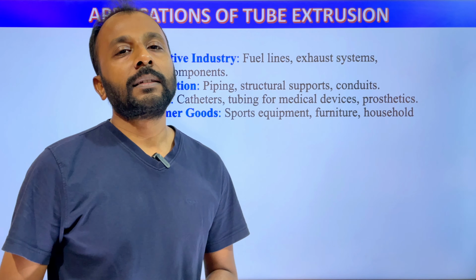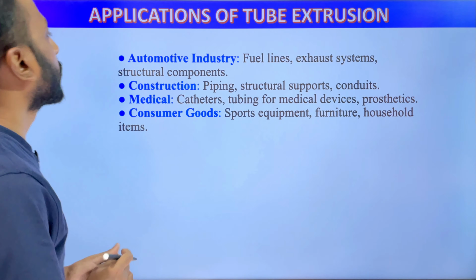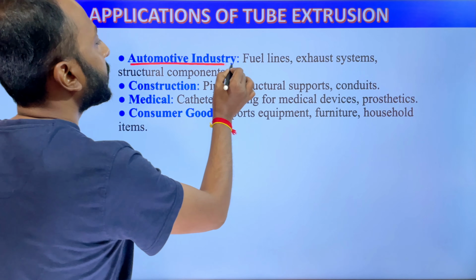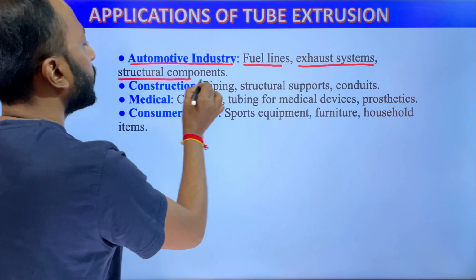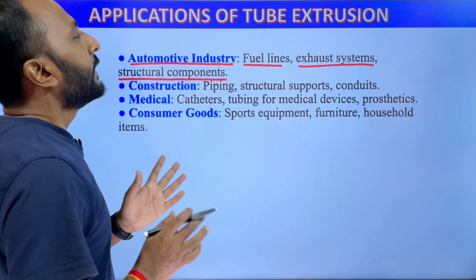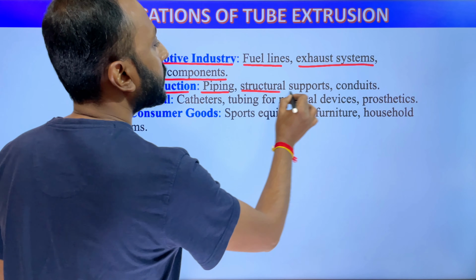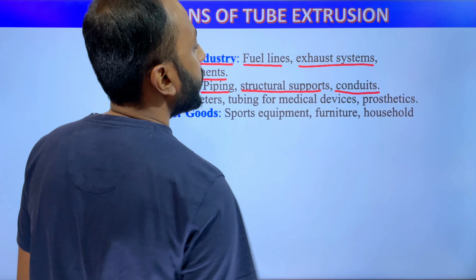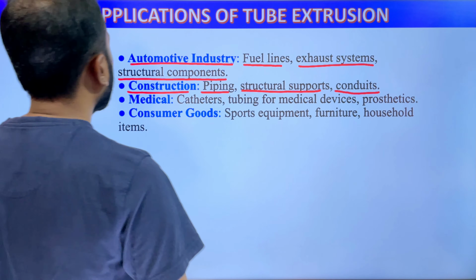Multiple applications can be seen in manufacturing process of tube extrusion process. In automotive industry, fuel lines, exhaust system, structural components, etc. are created using tube extrusion process. In construction, piping, structural supports, conduits, etc. are created using tube extrusion process.